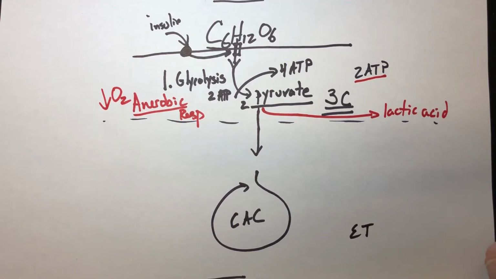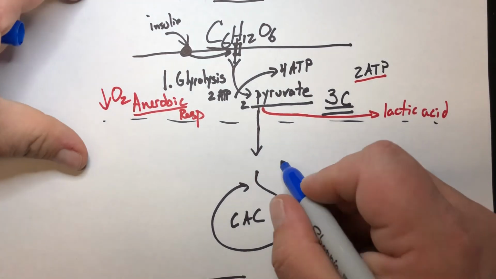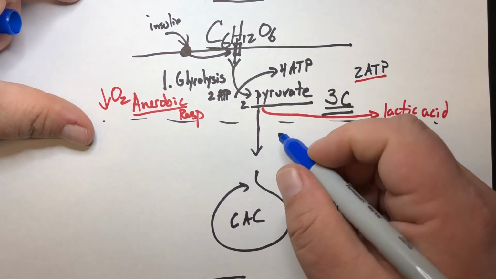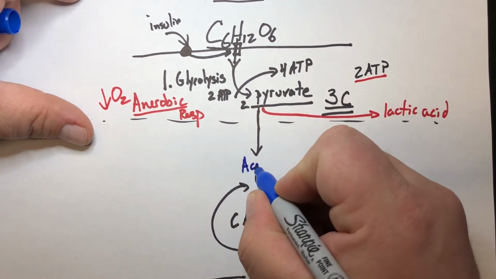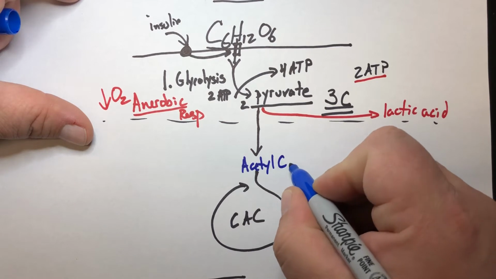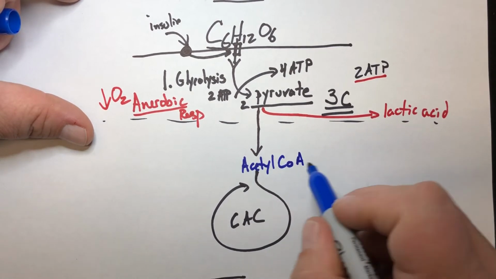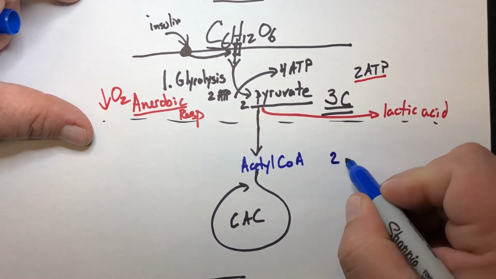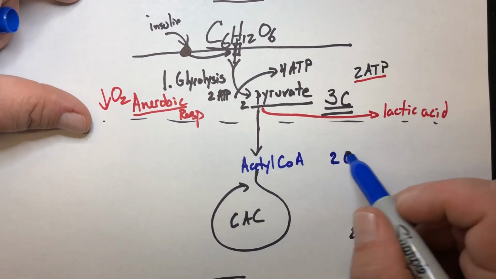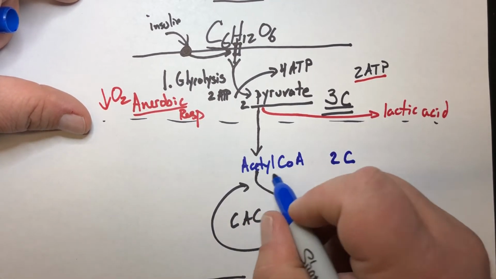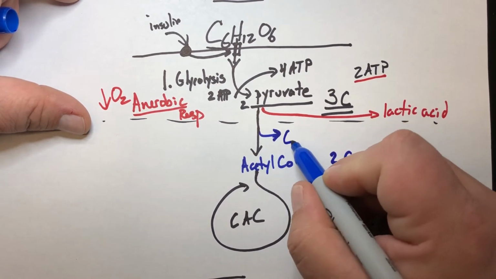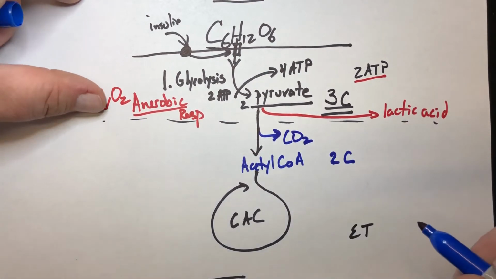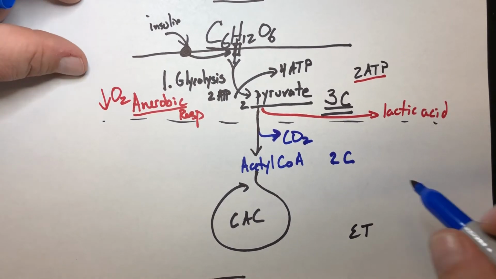Now, along the way, that pyruvate has to be converted, and that conversion step converts that pyruvate into acetyl-CoA. Worth mentioning at this point, acetyl-CoA, 2-carbon structure. So in order to get from that 3-carbon pyruvate to that 2-carbon acetyl-CoA, some of that carbon is going to end up being released as carbon dioxide.